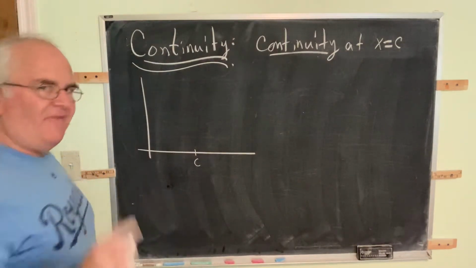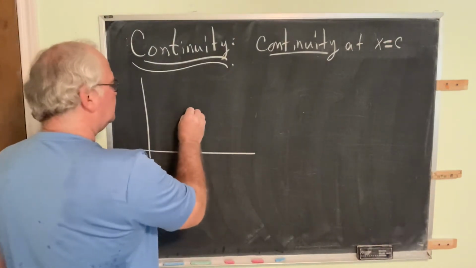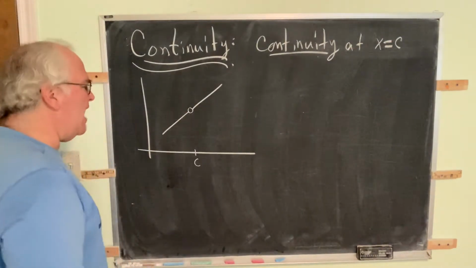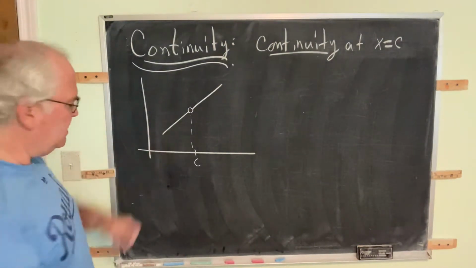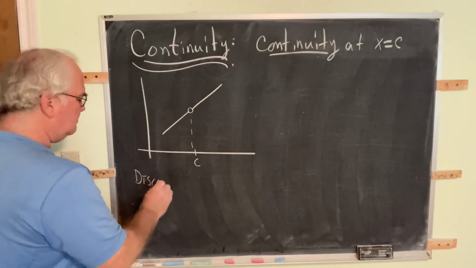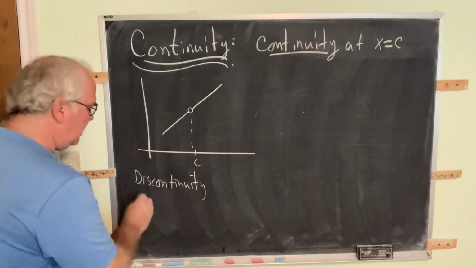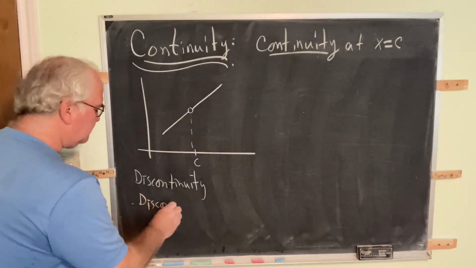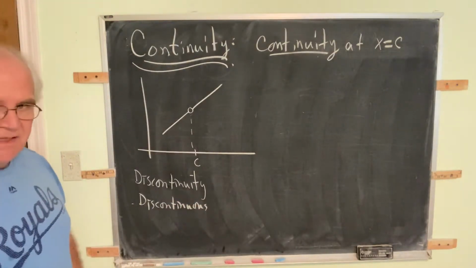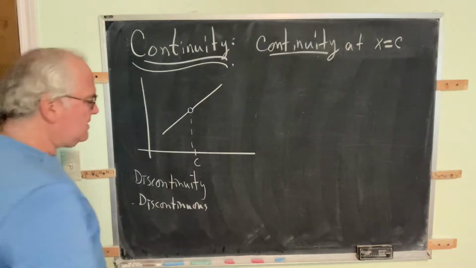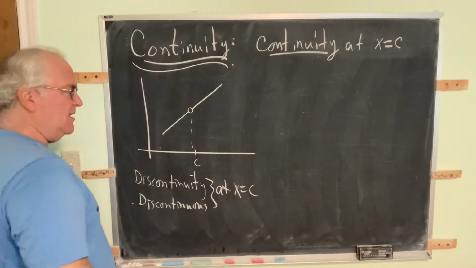A function can fail to be continuous several ways. One way is this. A function might have a hole in the graph at x equals c. Right? This is a discontinuity. It is discontinuous. If you don't like discontinuous, you can say it's not continuous at x equals c. That's one possibility.